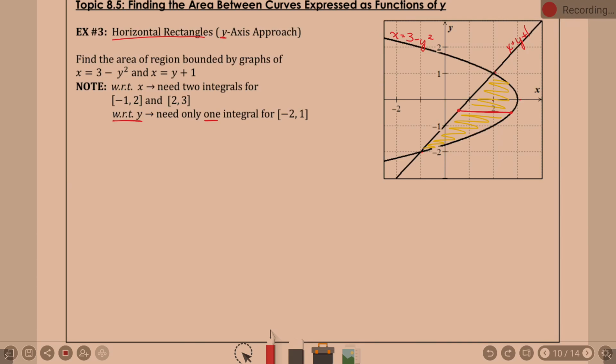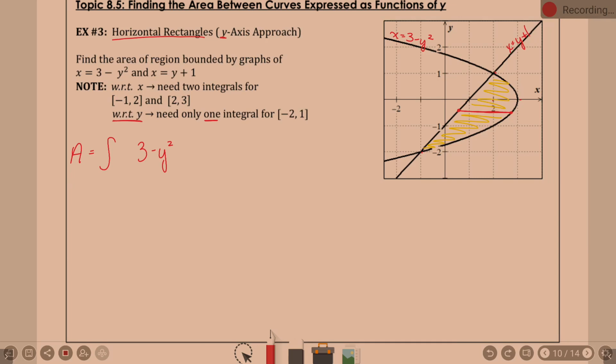Okay, guys. If we talk right minus left, what is my right? Which is the right curve? 3 minus y squared, right? So when we set up this integral, we're going to be doing area, and it's going to be the integral of the right curve minus the left curve. So the curve that's on the right side of that yellow area is the 3 minus y squared.